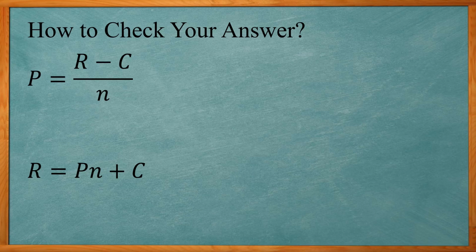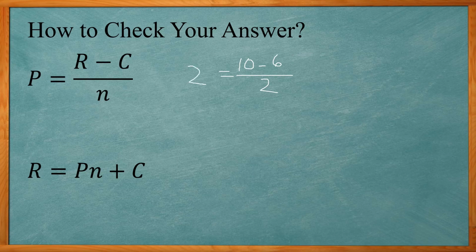So if I choose 10 for r and 6 for c and 2 for n, ten minus 6 is 4, 4 divided by 2 is 2.